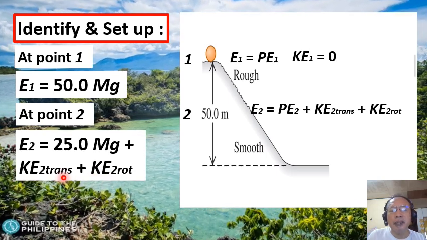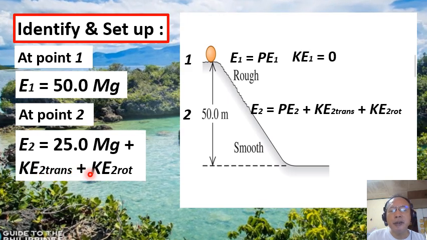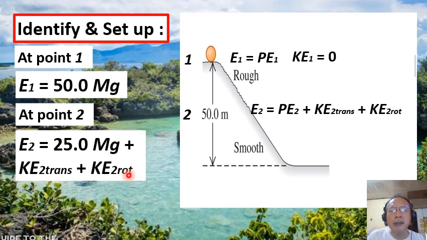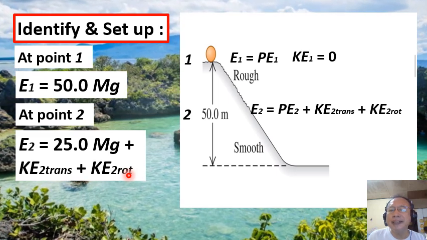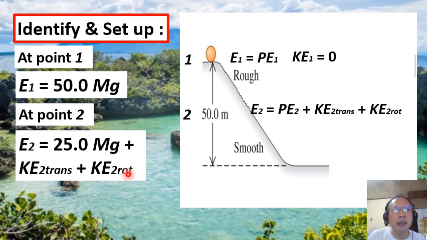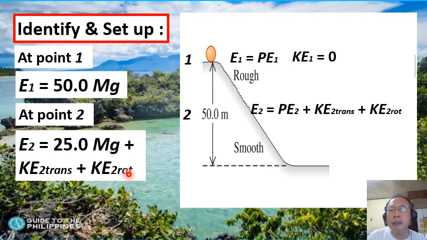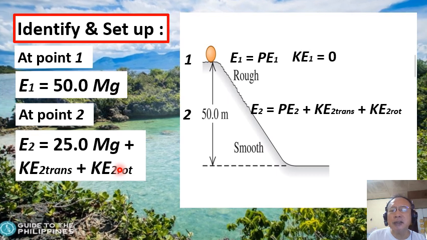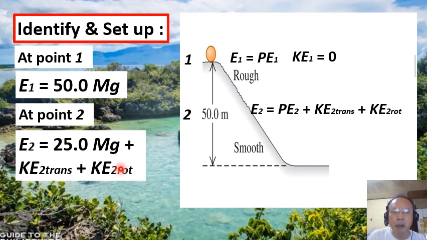So aside from the linear kinetic energy, there is also a rotational kinetic energy that is gained by the boulder, the fact that it is rolling or rotating about its axis, which happens to be the geometric center of the boulder.